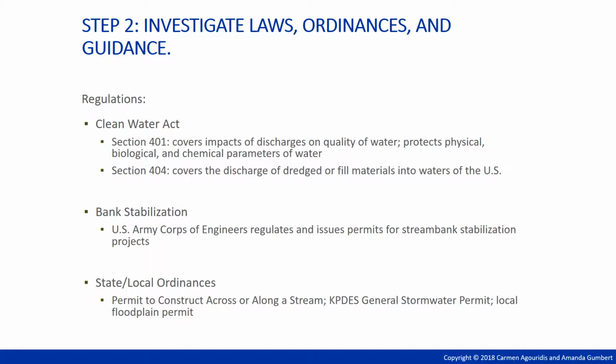Section 401 is administered by the Kentucky Division of Water and covers impacts of discharges on the quality of water. Section 404 covers the discharge of dredged or fill materials and is administered by the U.S. Army Corps of Engineers. State and local ordinances may be administered by local governments.